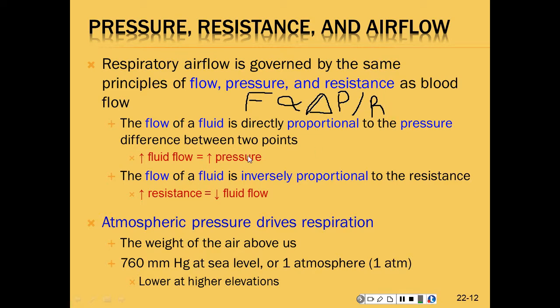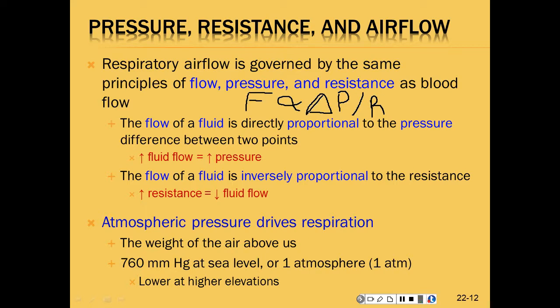Okay, so if it's directly proportional, that means that if flow increases, pressure is going to increase. Now, the flow is inversely proportional to the resistance. If the resistance increases, then you're going to have the opposite reaction when it comes to flow. It's going to decrease.